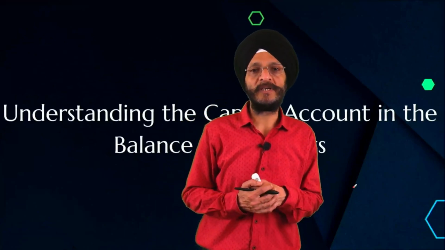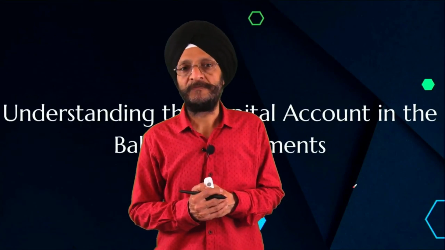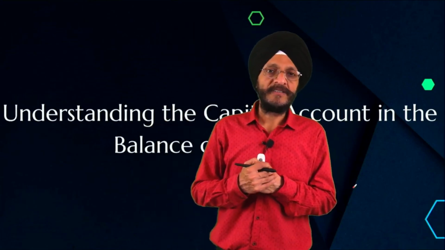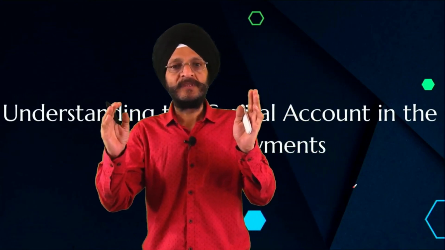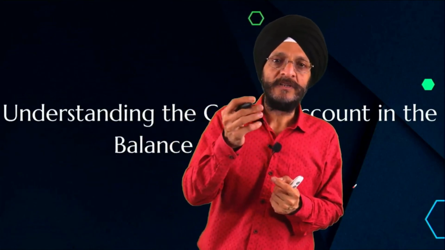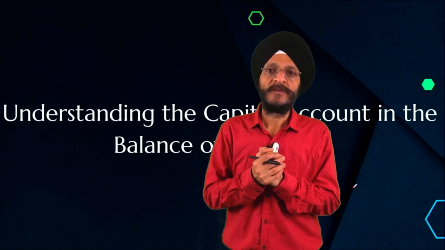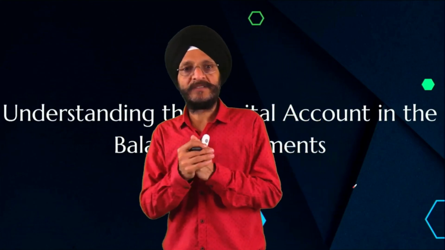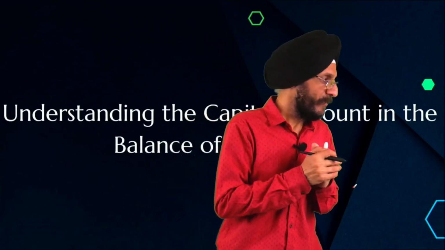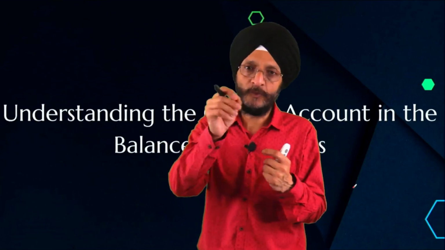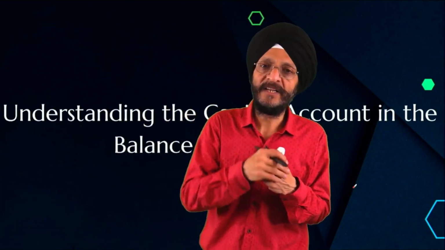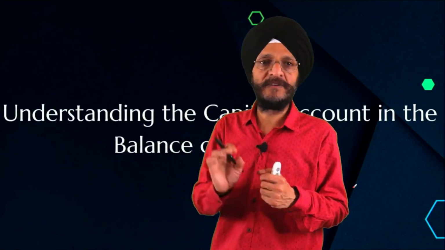Now the topic before us is understanding the capital account in balance of payments. We have already discussed that balance of payments has three components: current account, capital account, and financial account. We have already learned that in the case of current account, we have four components, that is export and import of goods, export and import of services, unilateral transfers paid and received, and investment income paid and received.